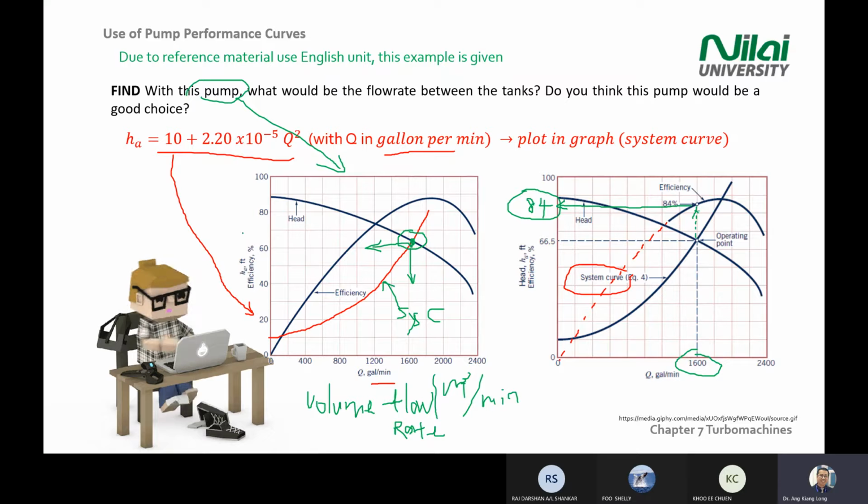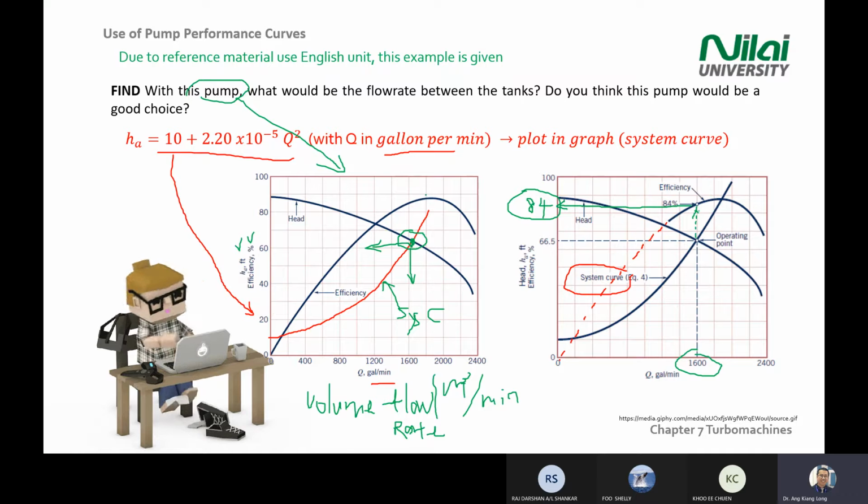So the left-hand side axis, you're actually having two things here. This axis represents two things. One is HA, one is efficiency. That's why you're seeing two solid lines here. So when the red line crosses the solid line, you need to see what line you're crossing.